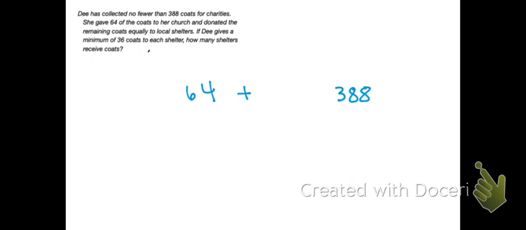If she gives 36 coats to each shelter, how many shelters receive coats? So what is our unknown? How many shelters. So let's have that be our variable. So you can reword things, 36 coats to each shelter. That's like per shelter. Each shelter gets 36 coats.